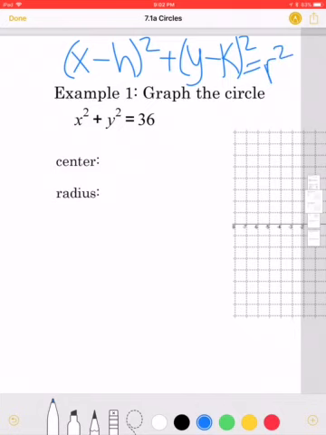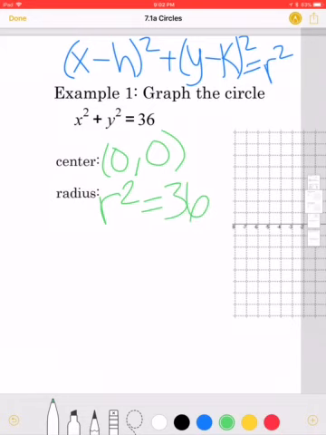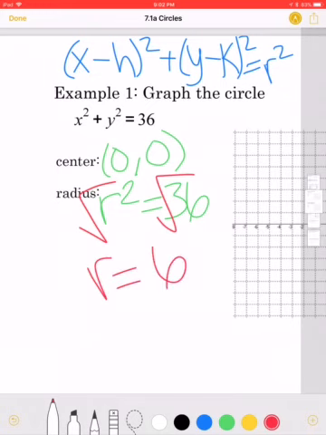So in this particular example, it's just x squared plus y squared. So our center is at the origin, 0, 0. Then our radius we'll find by finding r squared equals 36. That means that if you square root both sides of this, r, the radius, has to equal 6.